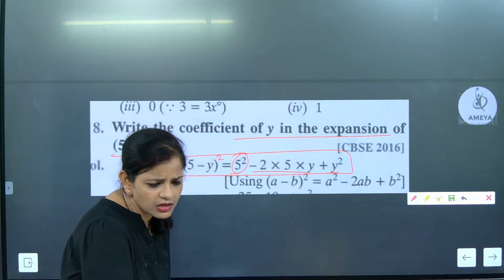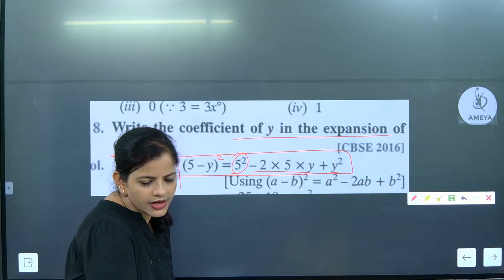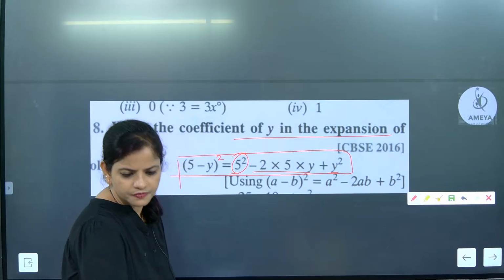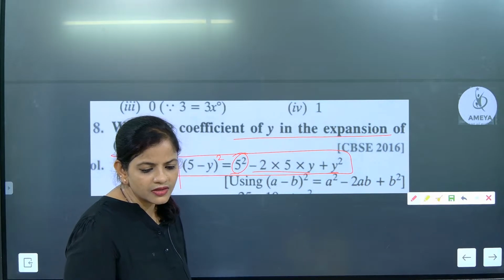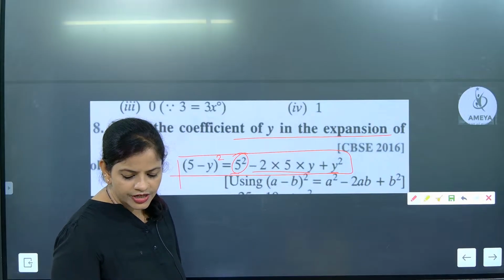screen is not clear. Here screen is absolutely clear. You do one thing, you come out and then you join again. Screen will be clear beta because here screen is coming fully clear.